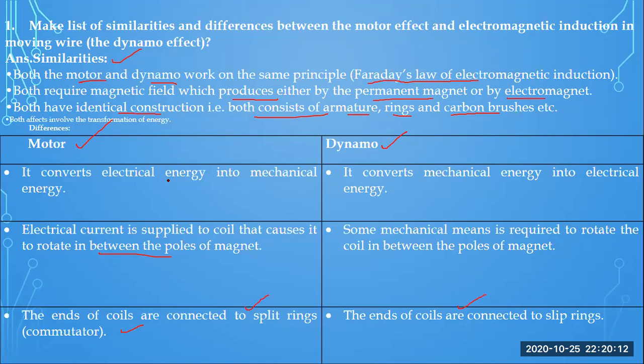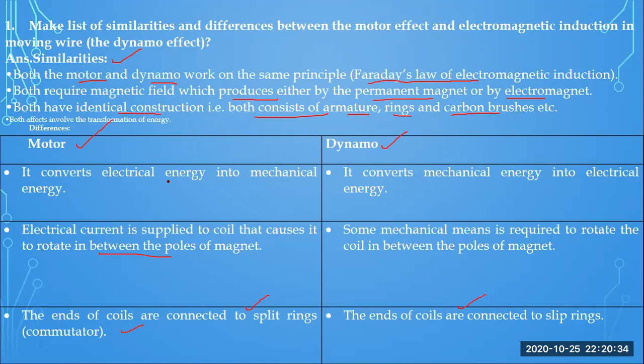So what was the first difference? A motor converts electrical energy into mechanical energy, and a dynamo converts mechanical energy into electrical energy. In a motor, electrical current is applied to the coil, which causes it to rotate in the field between the poles of the magnet.